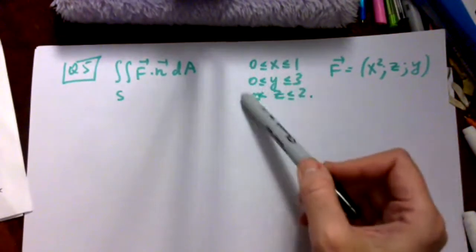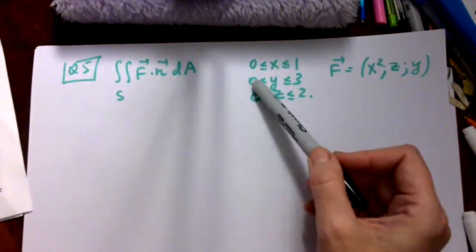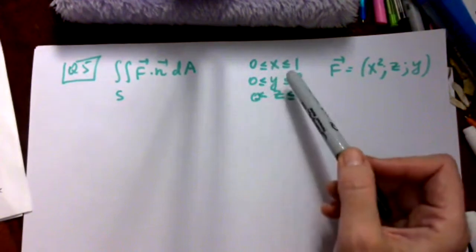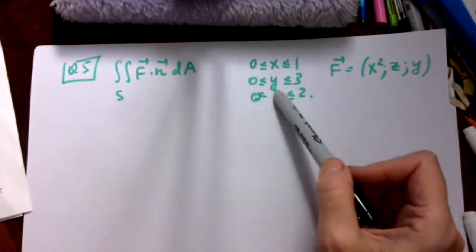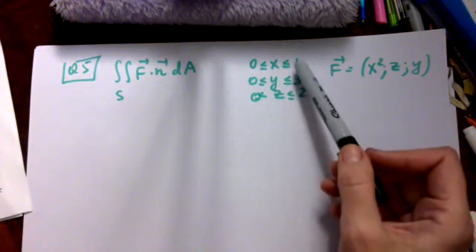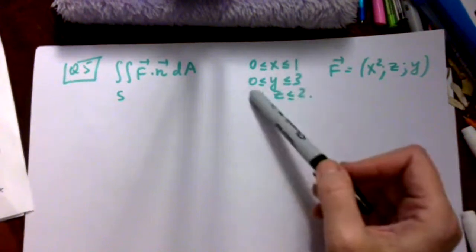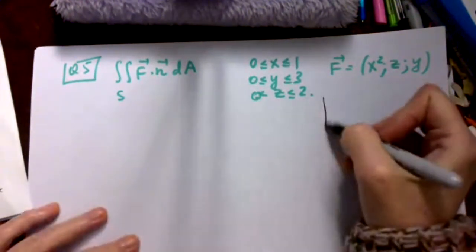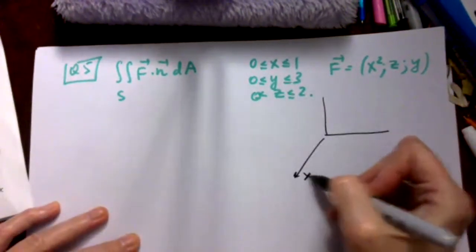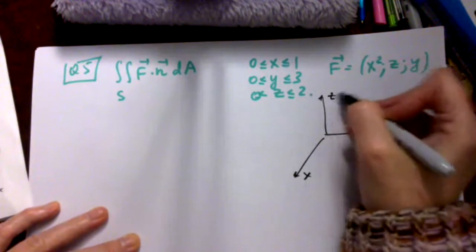Maybe you already recognized this surface, because we dealt with it in our example 1 at the very beginning of this recording. It is again just a box, an orthogonal parallelepiped.